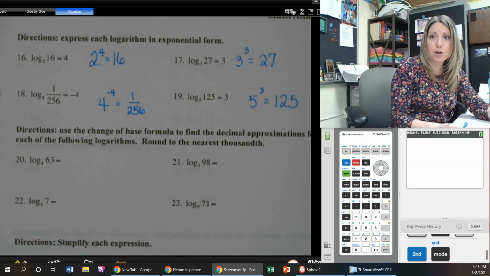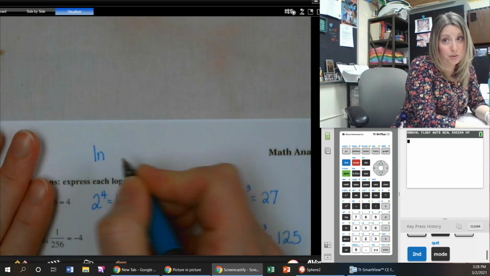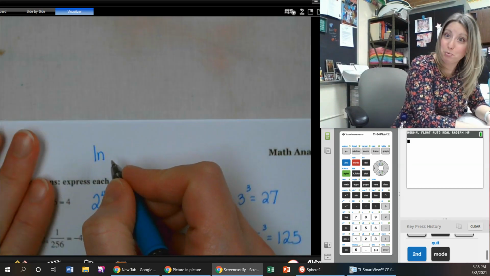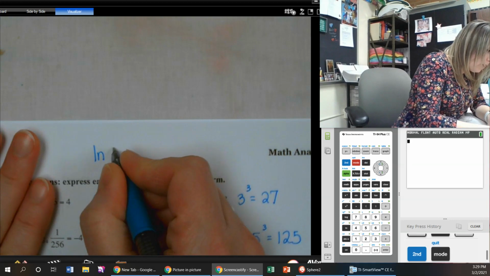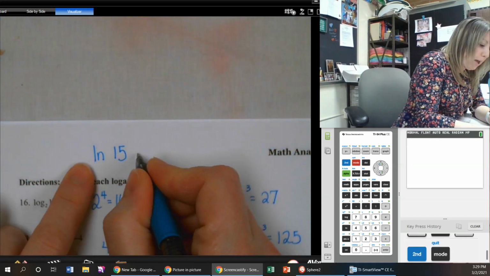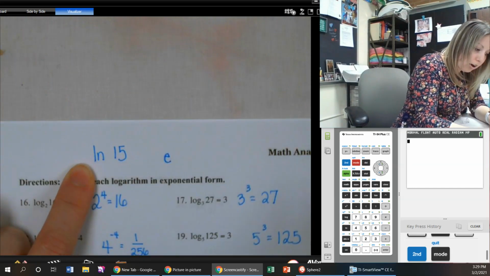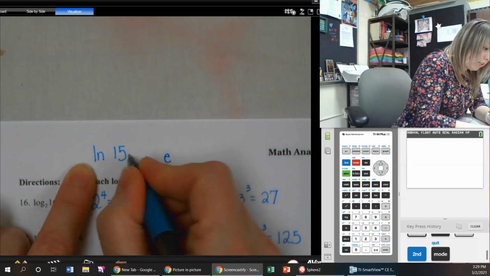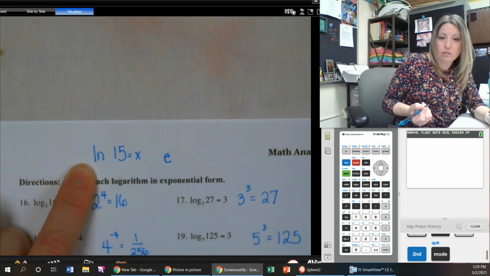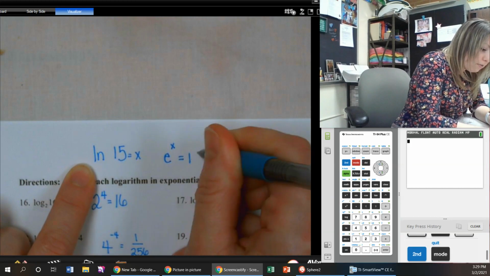If you have an ln, which of course I don't have here, so the likelihood of that happening on your test is pretty low, right? But if you have an ln 15 like this, and you're changing it back into exponential form, it's e to the, oh, excuse me, I have to set it equal to something, so I'm just going to say x. e to the x power is 15.